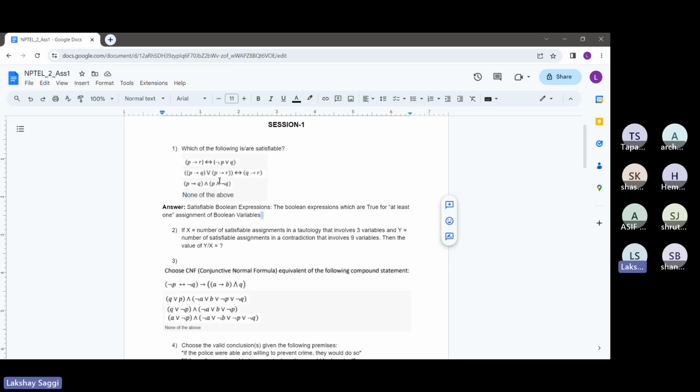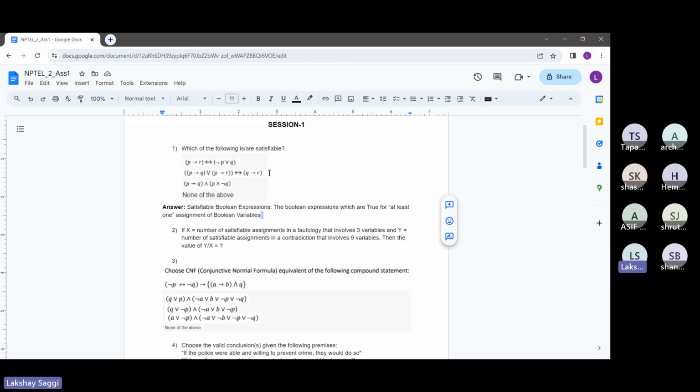Note that for some assignment the Boolean expression might be false, but there must be at least one assignment in which it is true. Even if in all other assignments it is false, we'll say it is satisfiable if there exists at least one. If a Boolean expression is true for all assignments of Boolean variables, it's called a tautology.